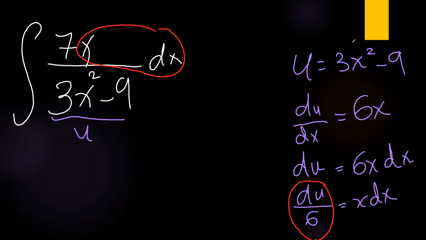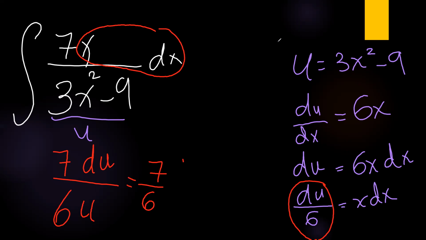So I will replace x dx with du over 7 over 6, sorry, and 3x squared minus 9, I will replace it with u. Then let's now rearrange it. We have it as 7 over 6, the integration of 1 over u du.